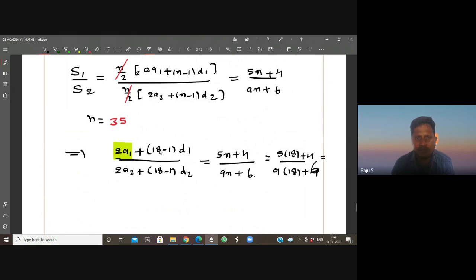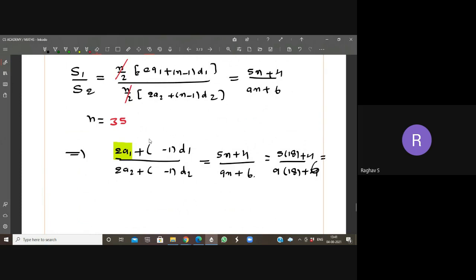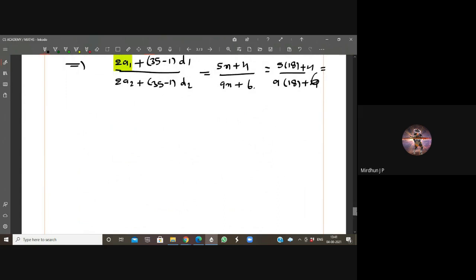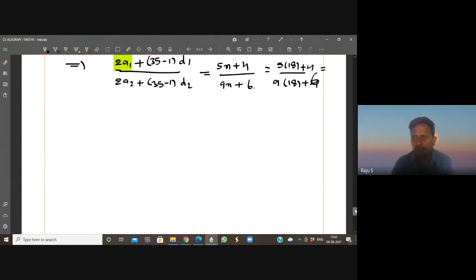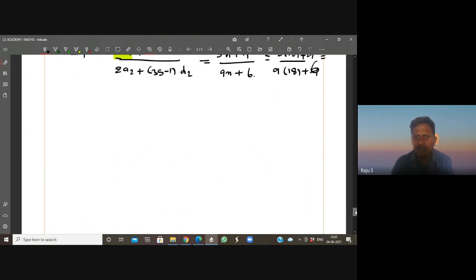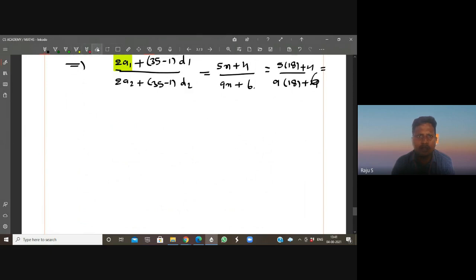When n is equal to 35, we substitute directly here in place of n. In the RHS also, n is equal to 35.